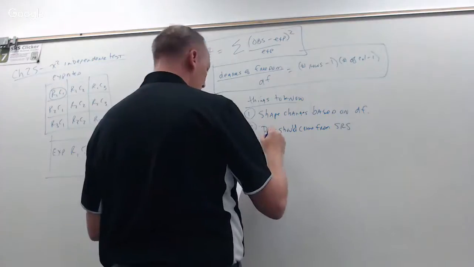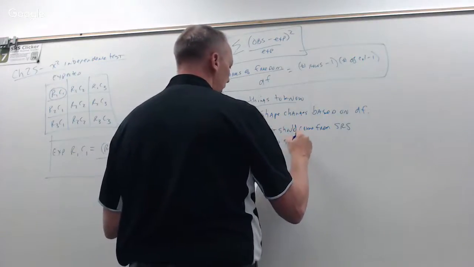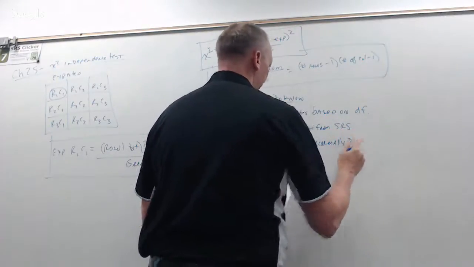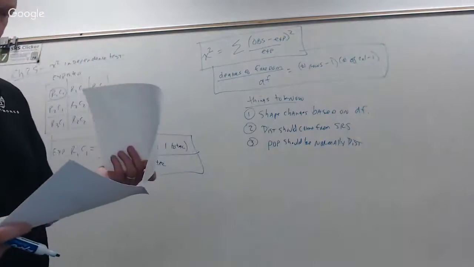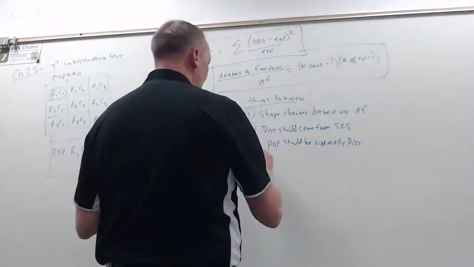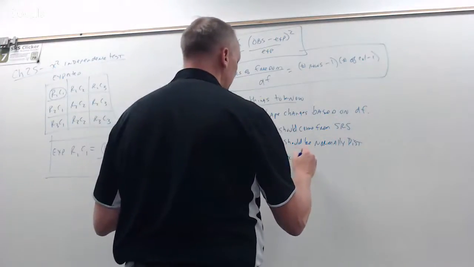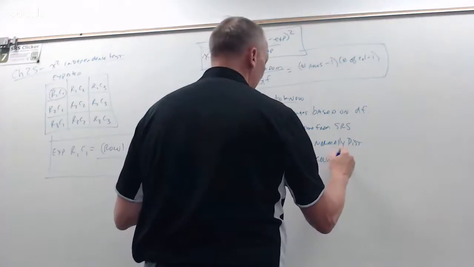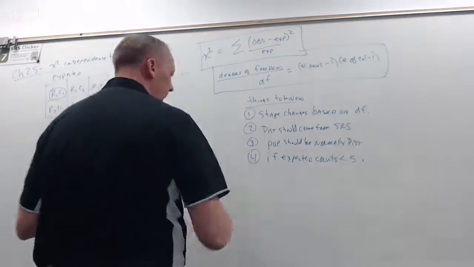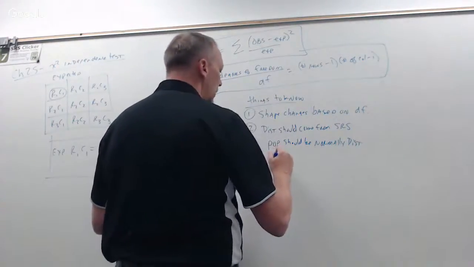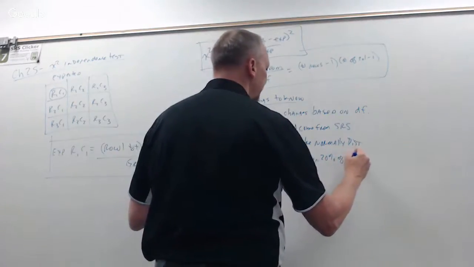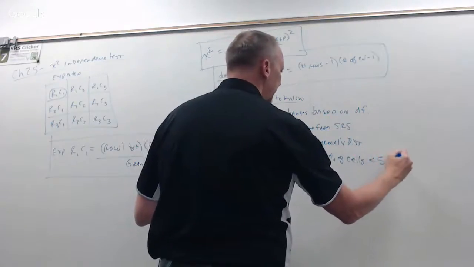Number three, population should be normally distributed. Okay? All right, number four, if the expected counts are less than 5, and let me rewrite that: no more than 20% of the cells should be less than 5 on the expected counts.